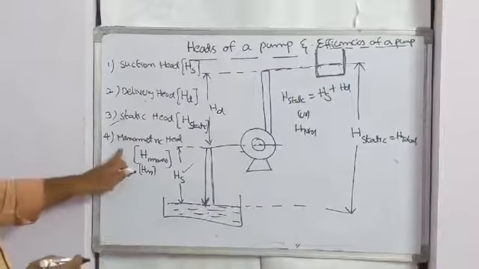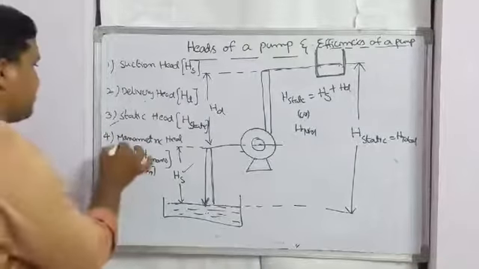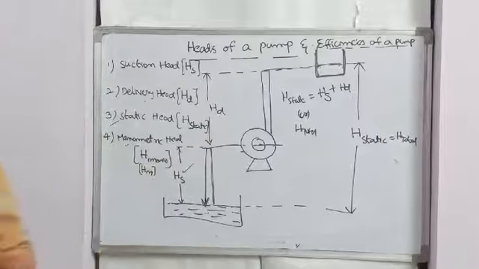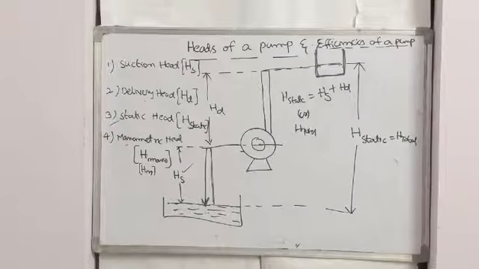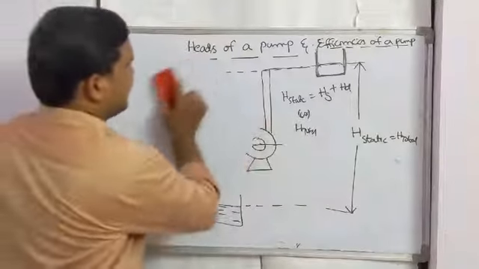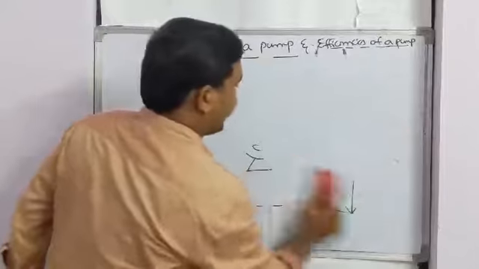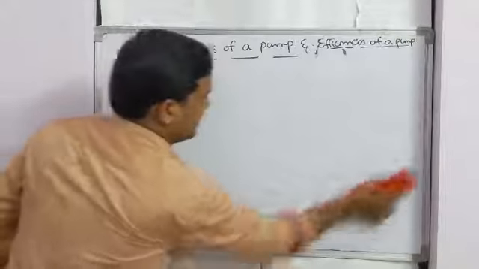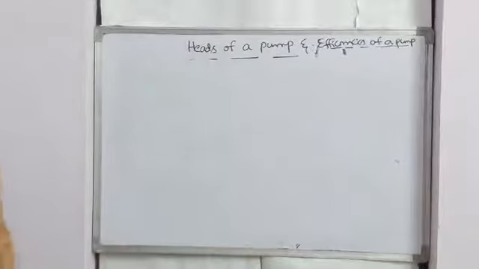Coming to the last head: the others are common heads, but the manometric head is very important. So what is meant by manometric head? I will explain it clearly, listen. I will erase everything. The manometric head is very important while doing calculations.